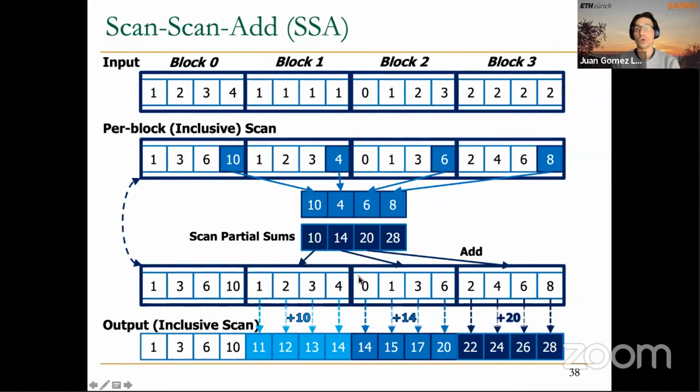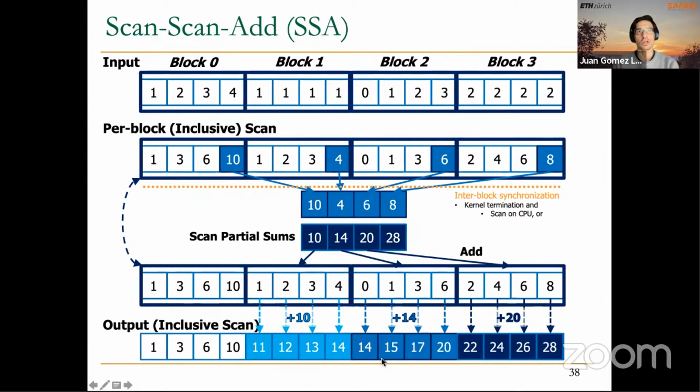This is why we call this implementation scan-scan-add, because the first kernel is scan, the second one is scan, and the last one is an add operation. It's a kernel that simply reads the elements from memory and adds to each element one particular value that was previously obtained in kernel 2 in the scan of partial sums.